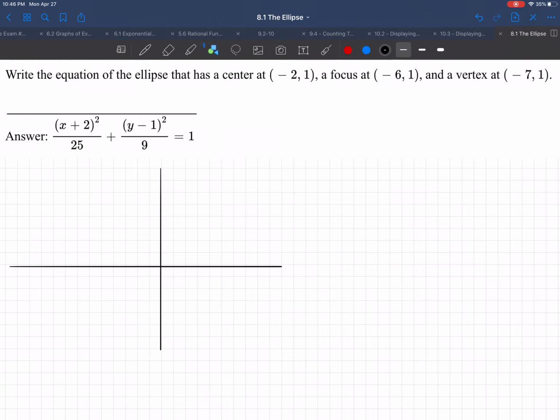Okay, so first let's locate the points. The center is minus 2, 1. So there is minus 2, 1. Back 2, up 1. And then the next point, the focus is minus 6, 1. 3, 4, 5, 6, right here.